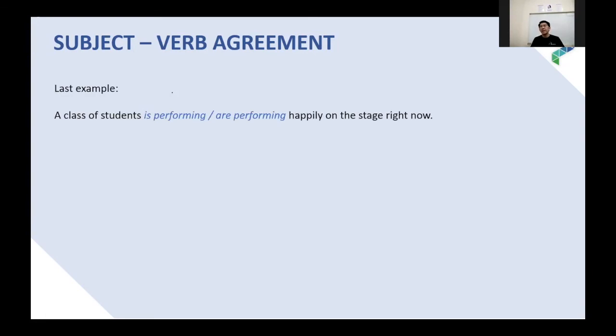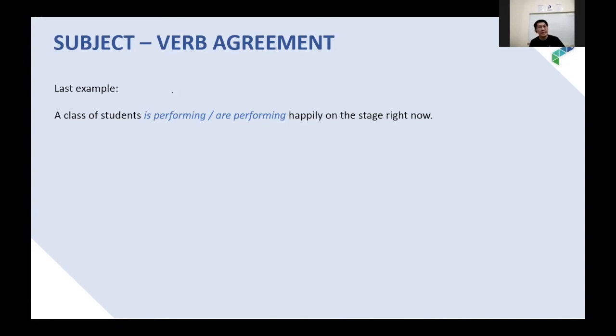Okay. Now, boys and girls, this is the last example of this topic today. Take a look carefully. A class of students is performing or are performing happily on the stage right now.